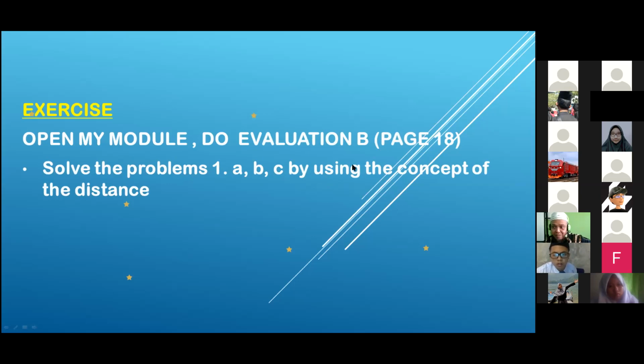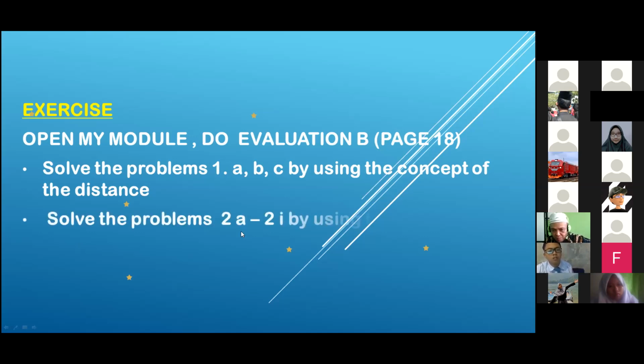You can find this problem on page 18 of my model. Solve the problems 1A, 1B, 1C by using the concept of the step. And solve the problems 2A, 2I by using the definition of absolute value.